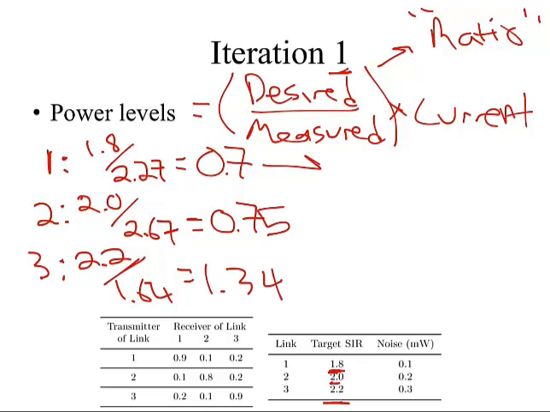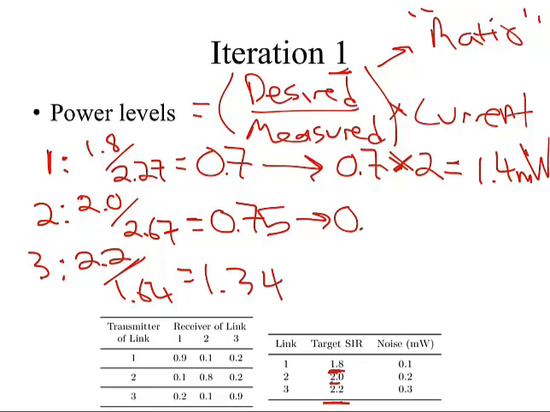And so this, if we do 0.7 for transmitter 1 times 2, which is the initial transmit power, we get 1.4 milliwatts to be the next transmit power. And here we're going to do 0.75 times 2, and that's going to give us 1.5 milliwatts as the second power.